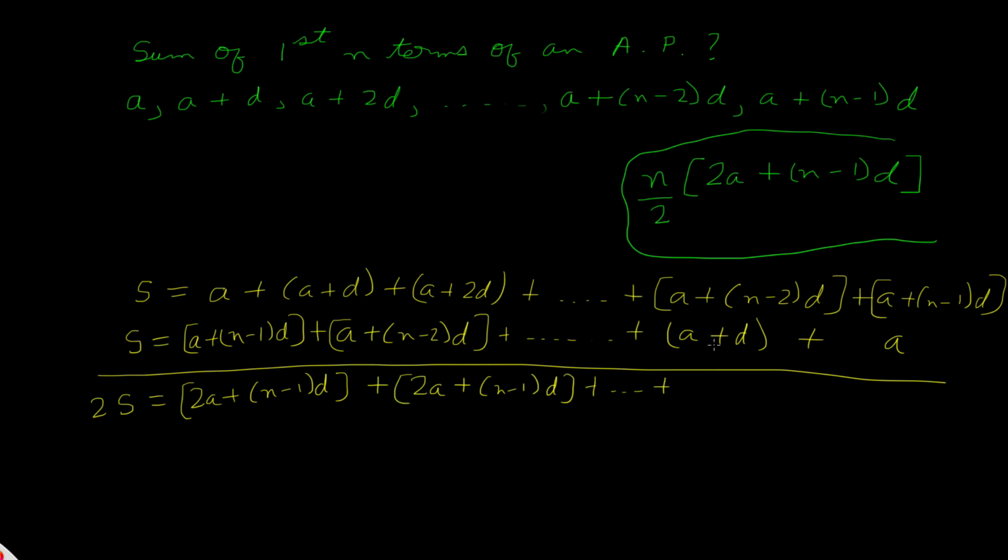If you add these two terms, you would again get 2A plus n minus 1 times D, and again if you add this, you would get 2A plus n minus 1 times D.